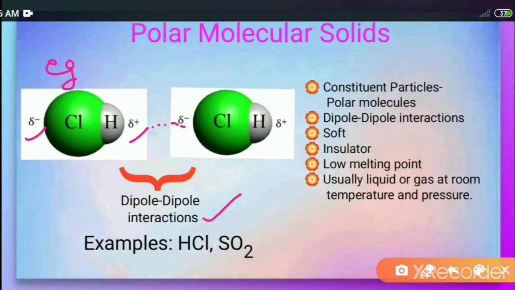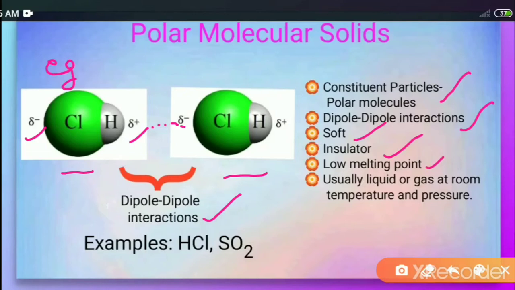Why? Because this is a dipole, this is a dipole, and the force of attraction between the two dipoles is called dipole-dipole interaction. Here the constituent particles are polar molecules, and the force of interaction between them is dipole-dipole interaction. They are usually soft, non-conductors of electricity, therefore insulators.